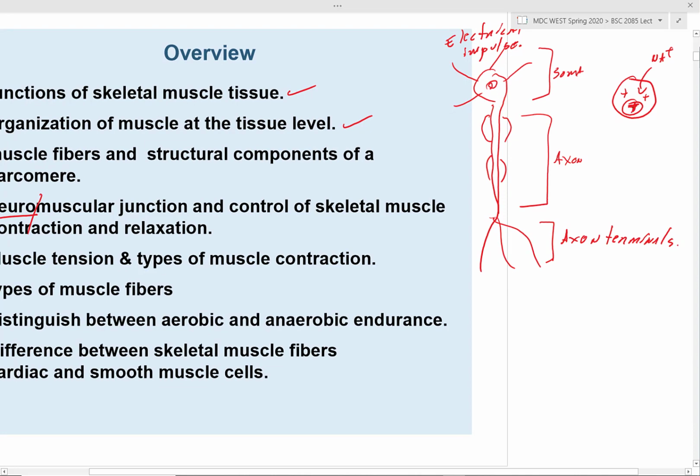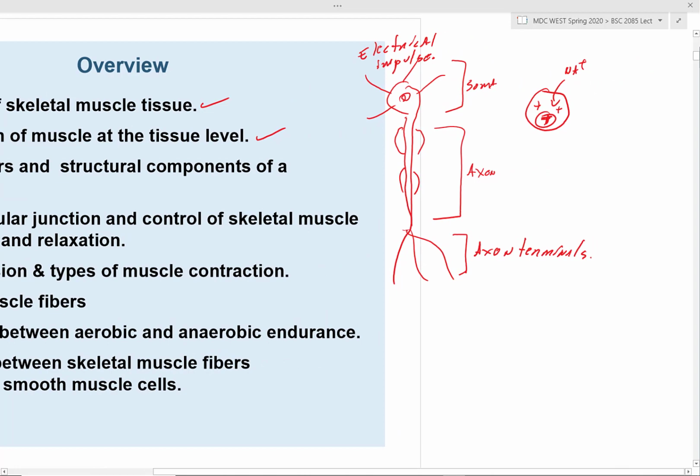What have you done? You just changed the inside of the cell to be more positive, and the outside to be what? Negative. You have created what? Depolarization. This polarization process allows you to send a what? An impulse.